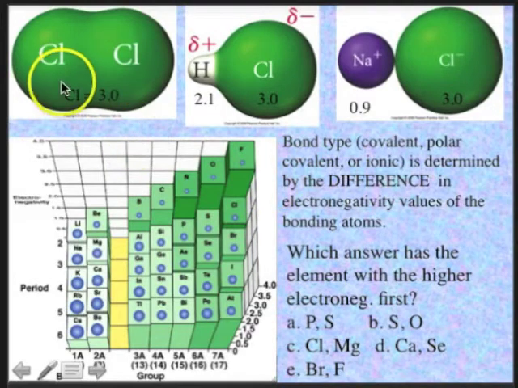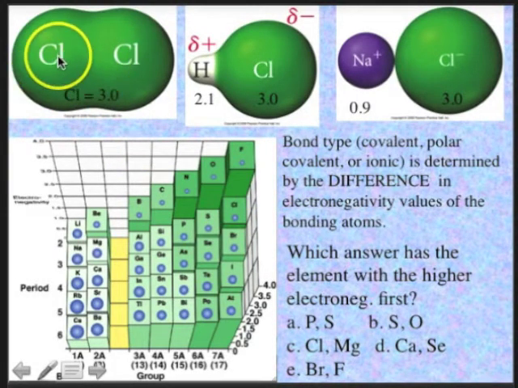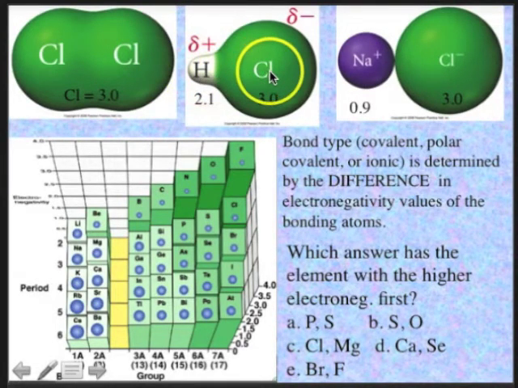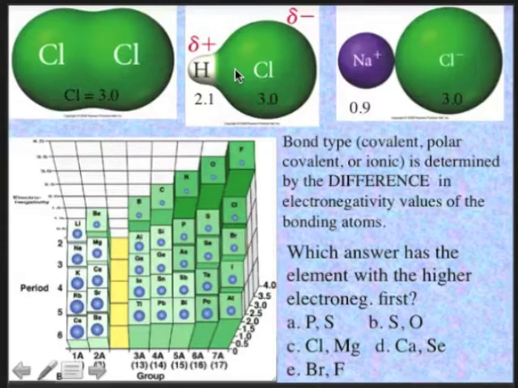So if you have a chlorine molecule, then there's no dipole, because the chlorine atoms have exactly the same electronegativity. But if you bond hydrogen to chlorine in a covalent bond, those electrons in that bond are not being shared evenly. Chlorine has a higher electronegativity value, it's 3.0.